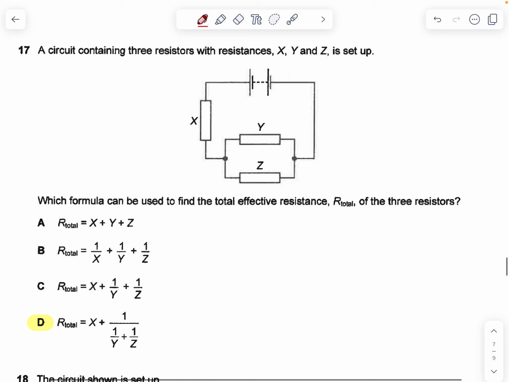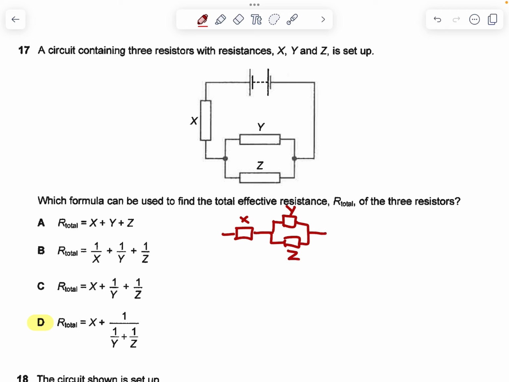Question 17. A circuit containing 3 resistors X, Y, Z is set up. Which formula can be used to find the total effective resistance of the 3 resistors? So initially, if we were to redraw it as X, Y, and Z, you realize it's actually a series plus one in parallel.